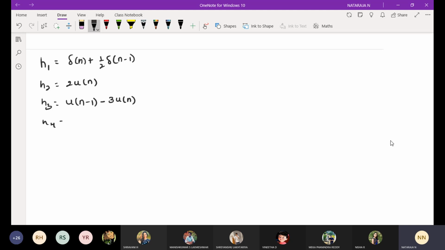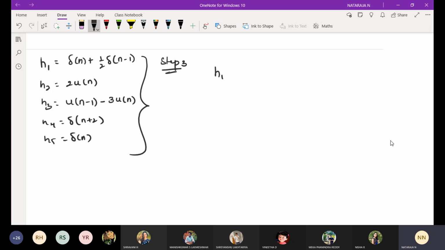And H4 will be delta of n plus 2 and H5 is equal to delta of n. These are the responses in each stage they had given. With respect to that block diagram, for the final step I'm going to write step number 3. I'm going to skip step 1 and step 2. You have to try that.